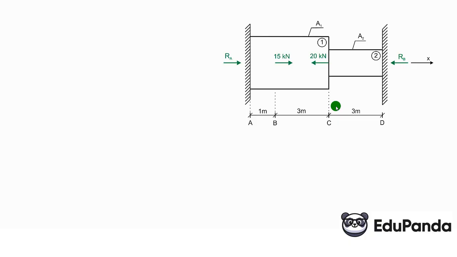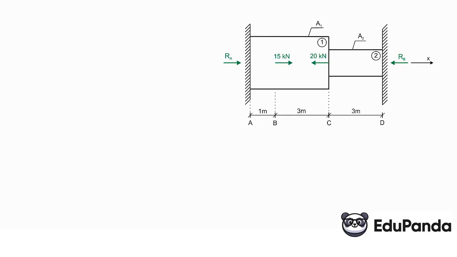So here we will use the geometric condition, which in such standard tasks, if the rod is supported from both ends, states that the total elongation of this rod is equal to 0. Which then reduces to the sum of the elongations of all segments, about which I will speak shortly.